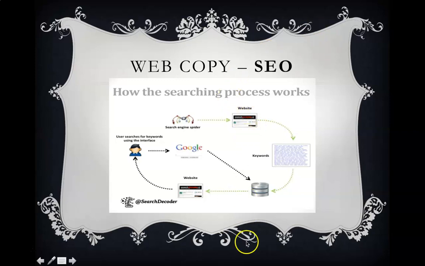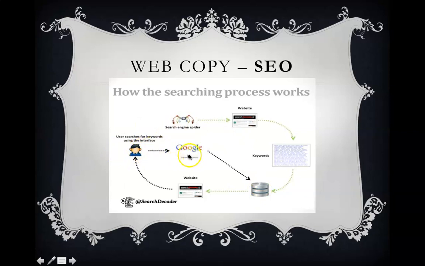So what we tend to do is everything in our power as digital marketers to make sure our website appears in this algorithm when the user types in the keyword or key phrase.